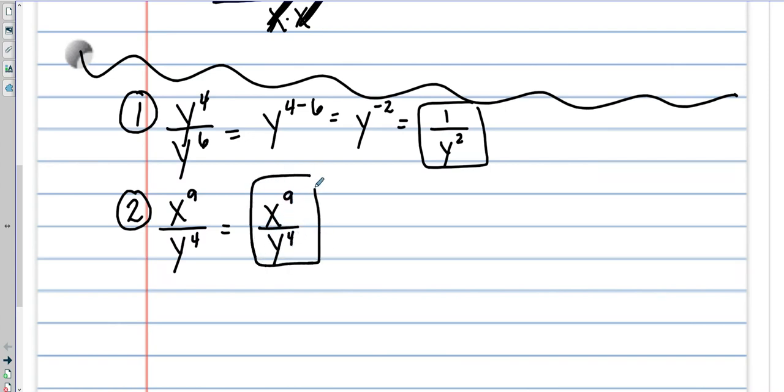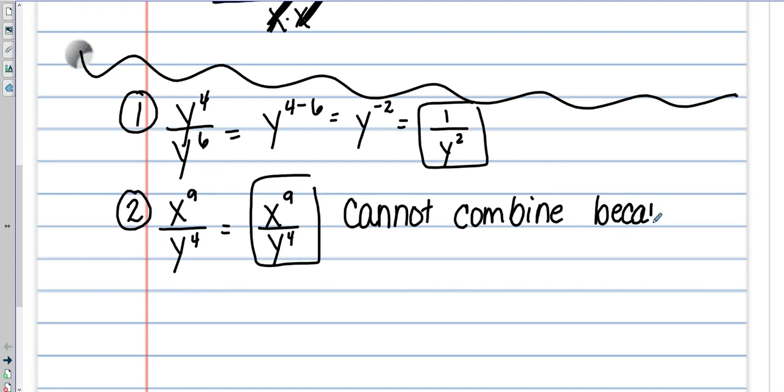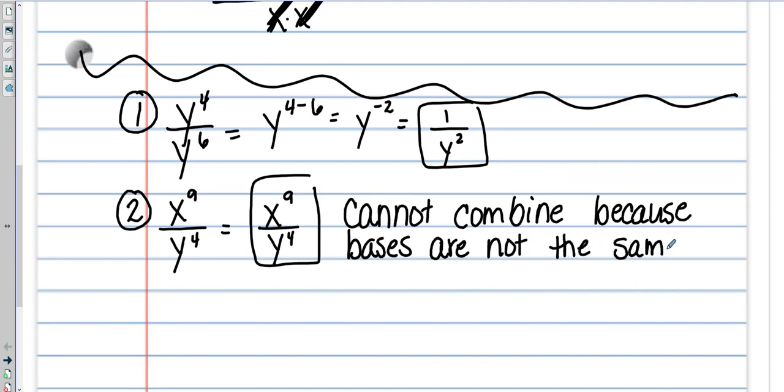So this is it. You're going to keep the same answer. So here what happened was you cannot combine because the bases are not the same.